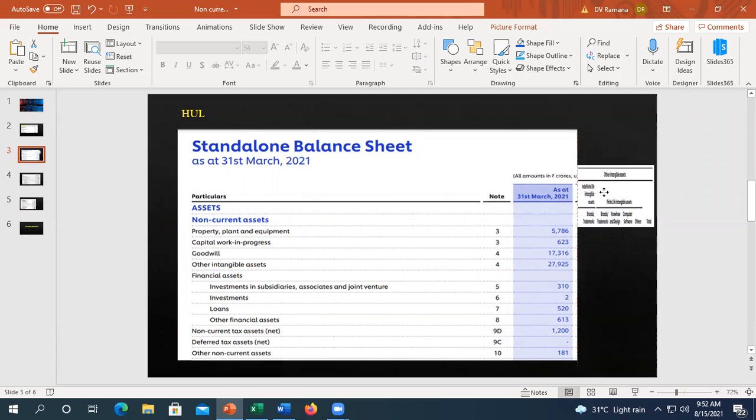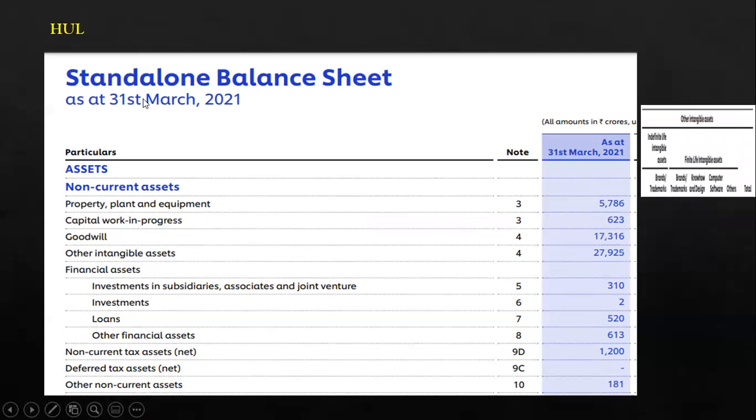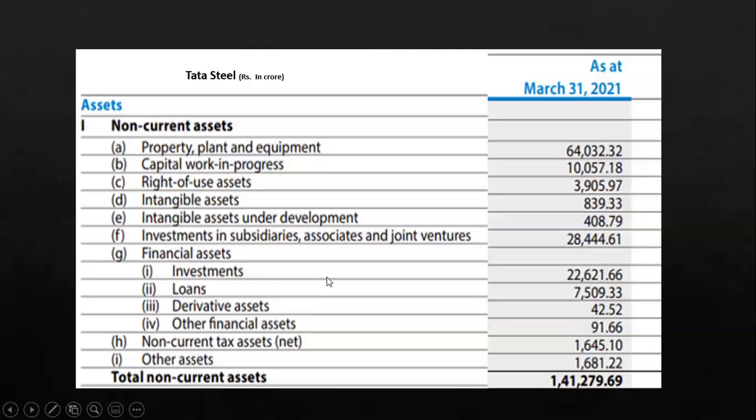And we can see that here, the intangible assets of HUL is 27,925 crore.